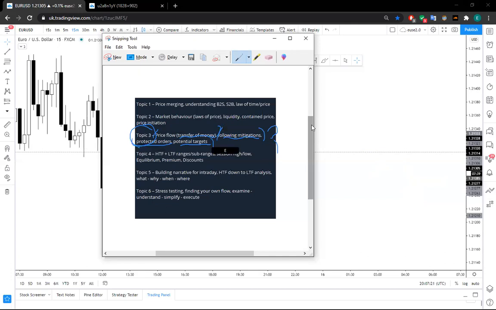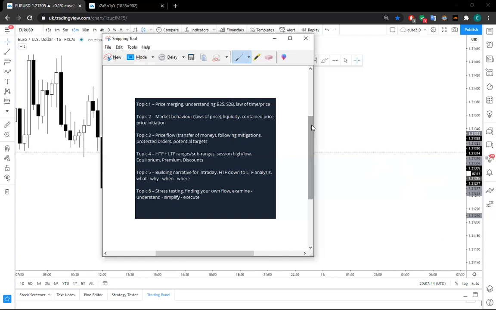Today you can get a better understanding of what price flow is and following mitigations, protected orders, and potential targets. So what is price flow? What do we see, what do we define when we say price flow?